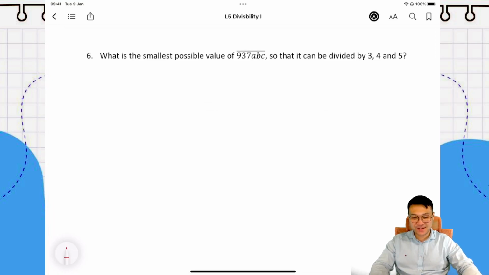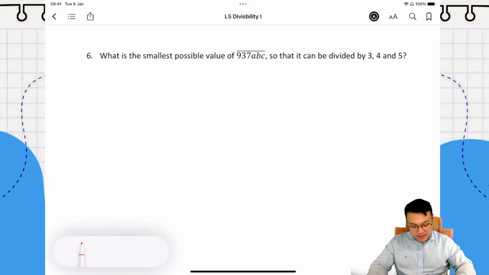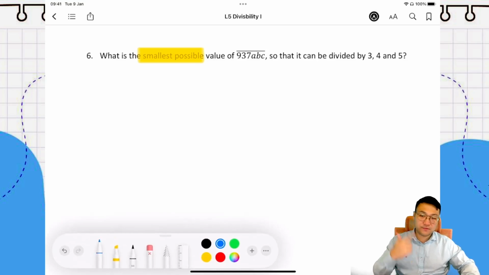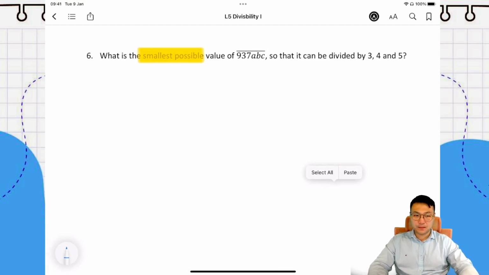Your time starts now. So now, students, they ask you to find the smallest possible value of 937ABC so that it can be divided by 3 and 4 and 5. So what does this mean? Let me ask Zachary. Hi, Zachary.